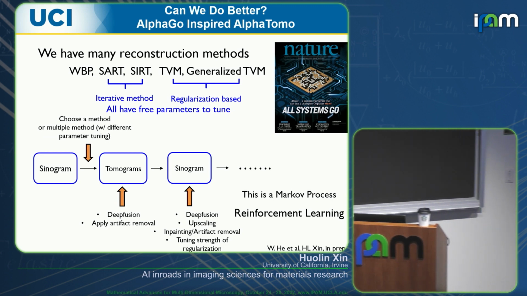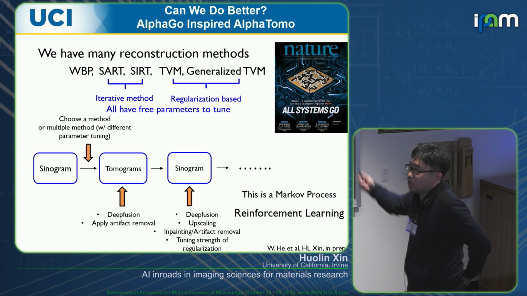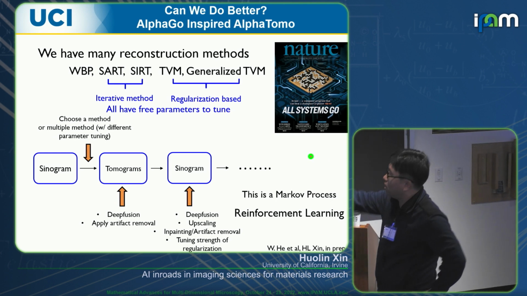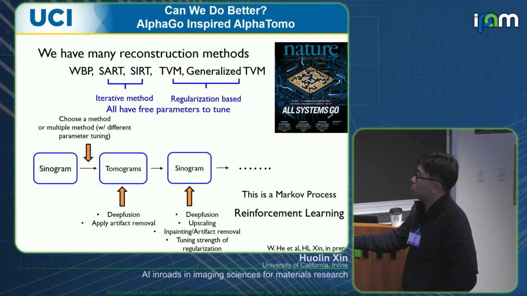One step further, can we do something even more fantastic? I was always inspired by AlphaGo, and I wanted to be the Chinese Go master. Similarly, I'm thinking, can we use this? We have many reconstruction methods, weighted back projection, SART, different regularizations, iterations. When you have a sinogram, you can pick one method or multiple methods with different parameter tuning, giving you a bunch of tomograms.